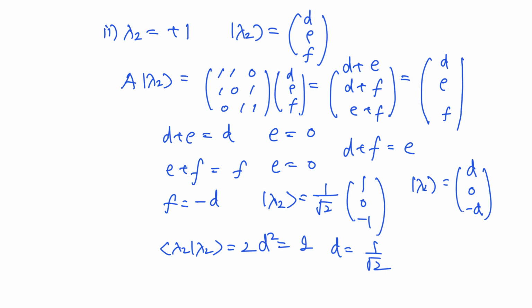So lambda 3 is minus 1. So F, G, H, I. But I can be confusing with the imaginary numbers, so I will change, maybe use different index K. That's okay, right?